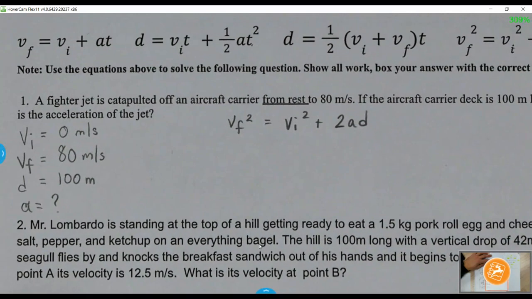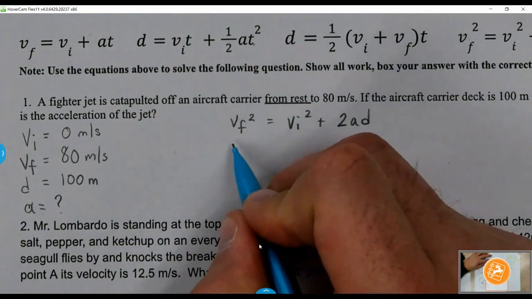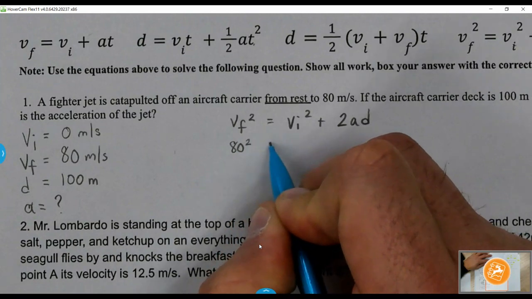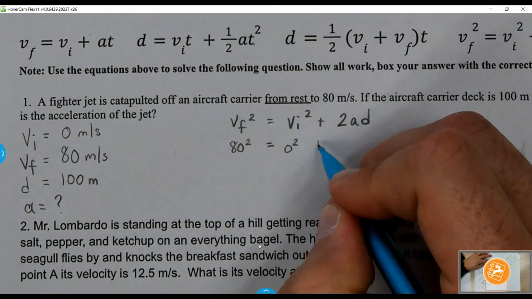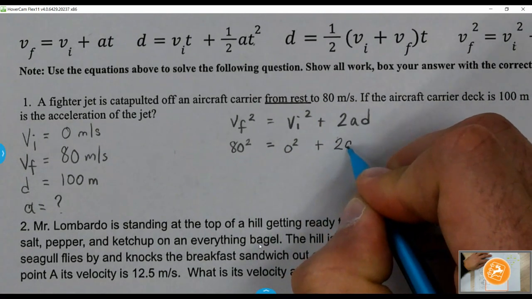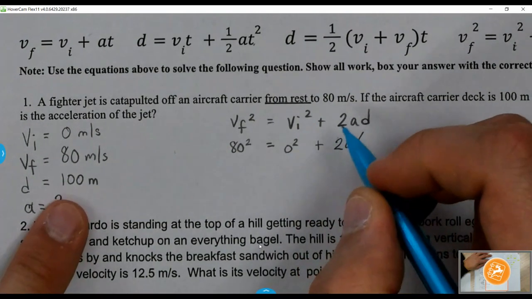Now, after you write the equation, you're going to plop in your information underneath. 80 is VF, so we're going to have 80 squared equals 0 squared plus 2 times A, which we don't know, times D, which is 100.